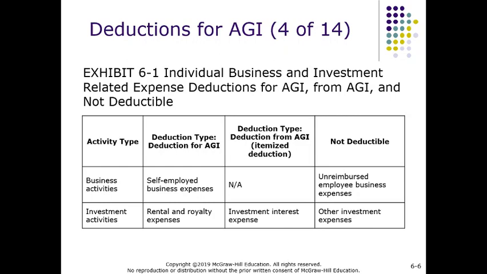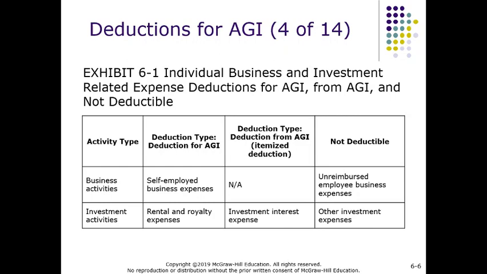Now they have to be reasonable, ordinary, and necessary, but they are for AGI deductions.